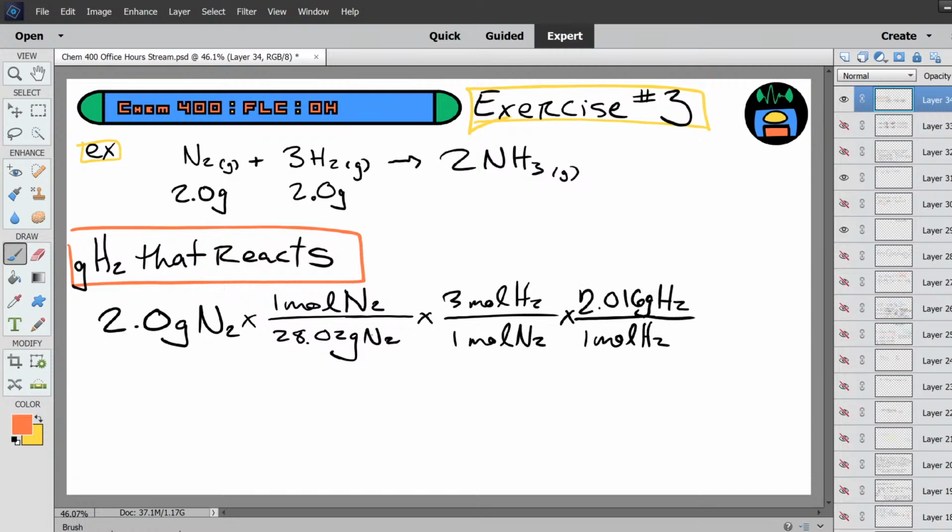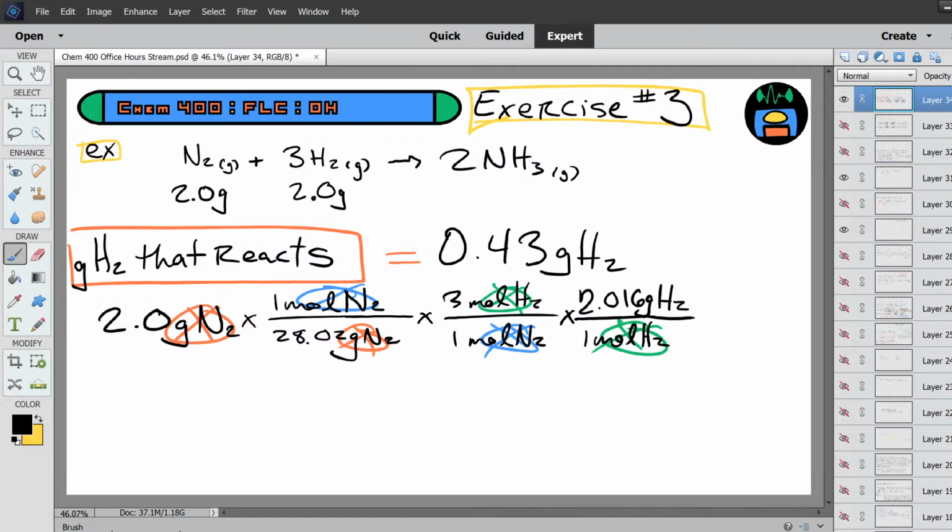Grams of nitrogen cancel, moles of nitrogen cancel, and then moles of hydrogen cancel. So we can calculate the mass of hydrogen that reacts: 2 divided by 28.02 times 3 times 2.016 equals 0.43 grams of hydrogen. That is the quantity that reacts.